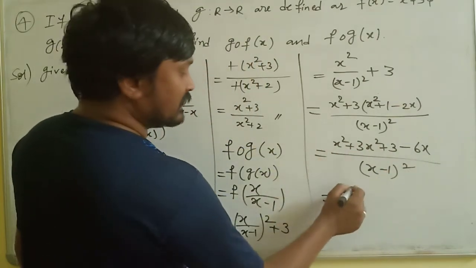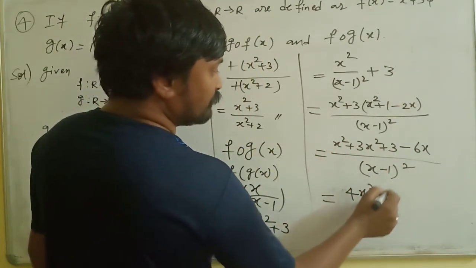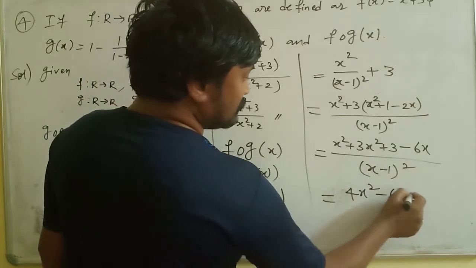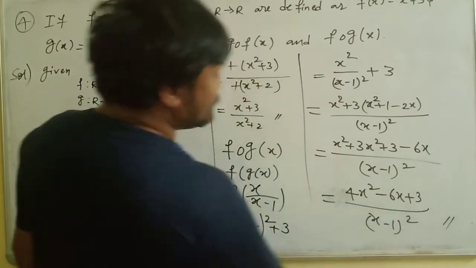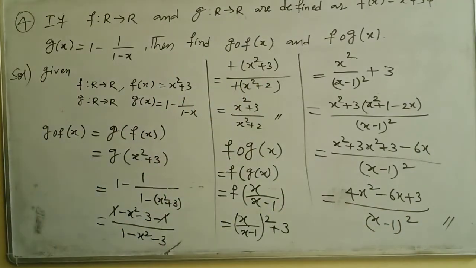So x square plus 3x square is 4x square minus 6x plus 3 upon x minus 1 whole square. This is about your f circle g of x.